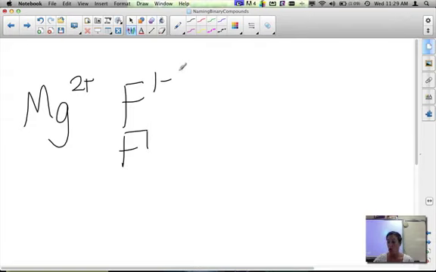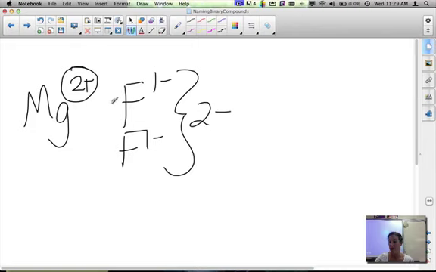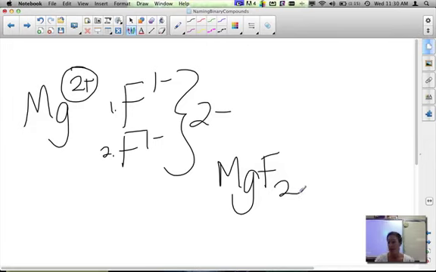So total, that is a negative 2 charge. Plus my positive 2, those balance out. So I have 2 fluorines. So we would say the compound is MgF2. With ionic bonds, we are trying to balance charges.